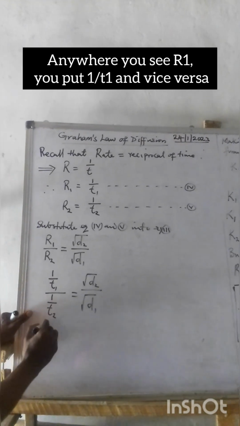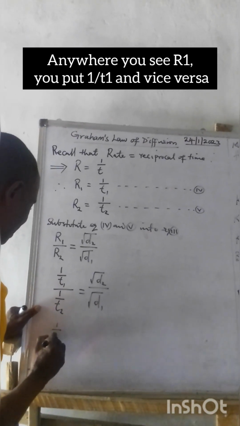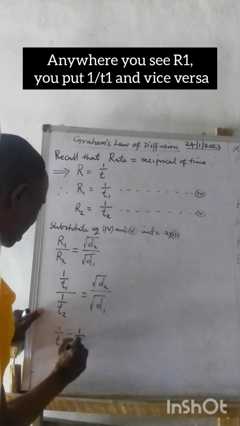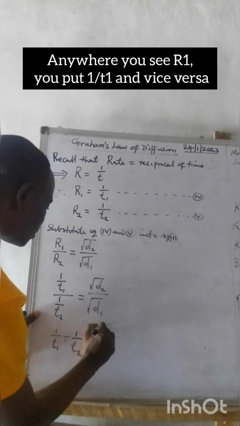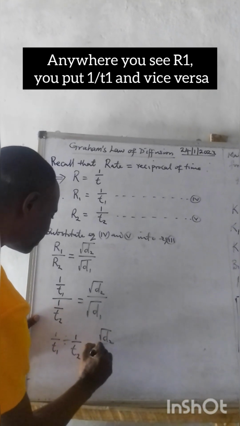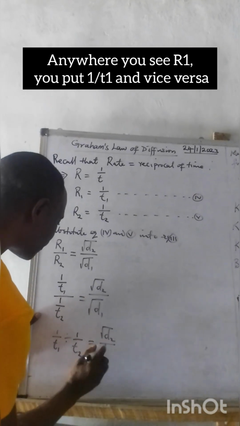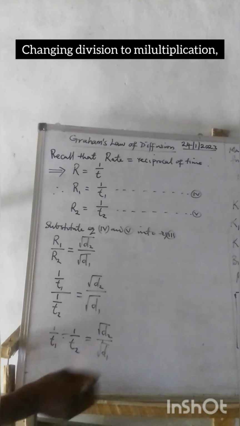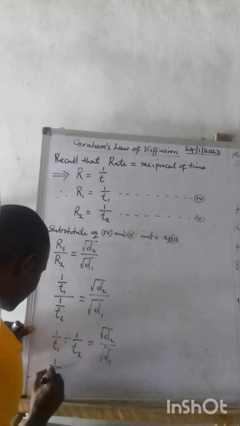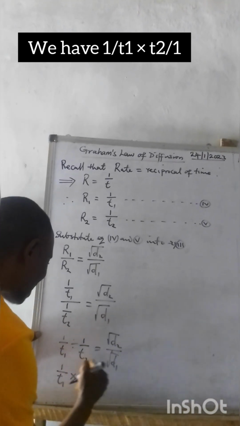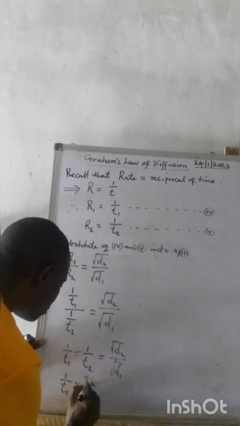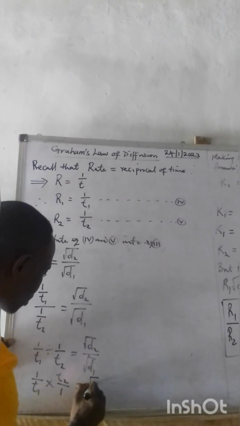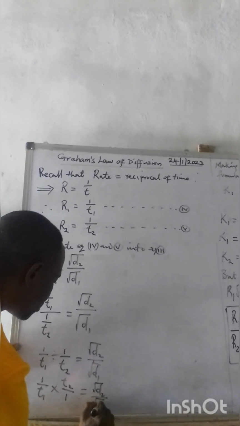Now, 1 over T1 divided by 1 over T2 will give us square root of D2 divided by square root of D1. Changing division to multiplication, we have 1 over T1 times, you invert this fraction, T2 over 1, which is equal to square root of D2 divided by square root of D1.